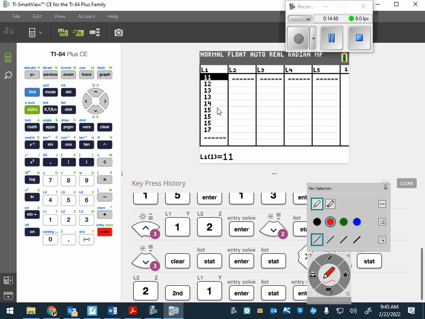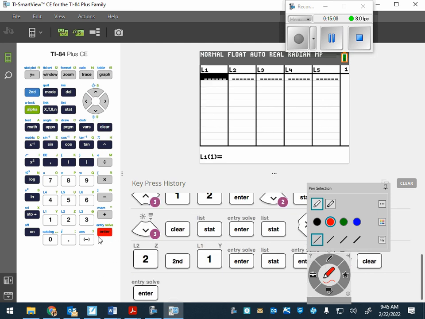Now, when you go to a next problem and you want to clear this list, okay, this is very important because it will delete it. So when you're in your list, highlight L1, press the up arrow. Do not hit delete. Hit clear, then enter.